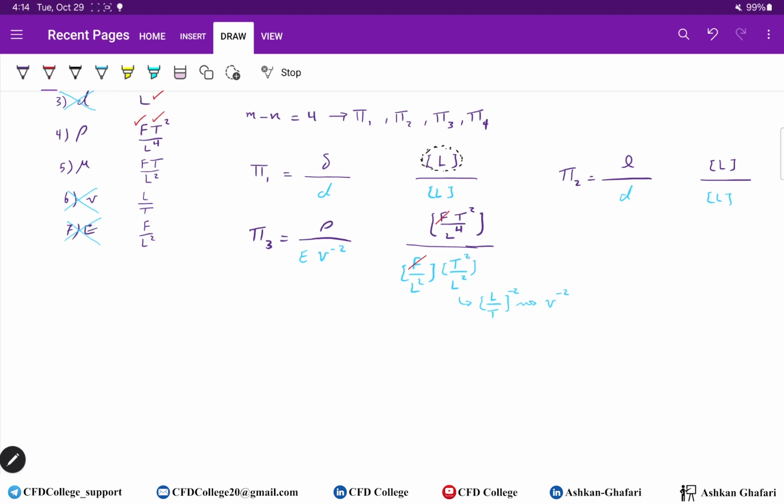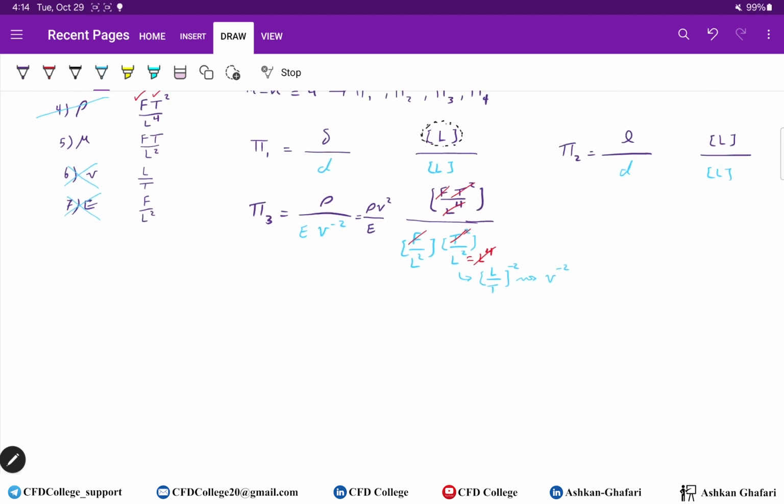Now we have T square, and we have L to the power 4, so these are cancelled. So basically we have found our third dimensionless group, which is rho V square over E.